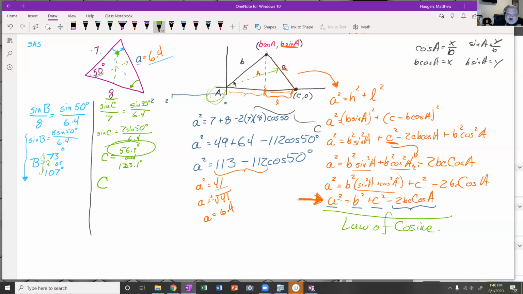So then we could go, okay, angle C has to be 56.9 degrees. And then instead of finding angle B with law of sines, take 180 minus the 50 minus the 56.9, and we never have to worry about whether it's obtuse or acute. It'll just come out to be whatever it is.